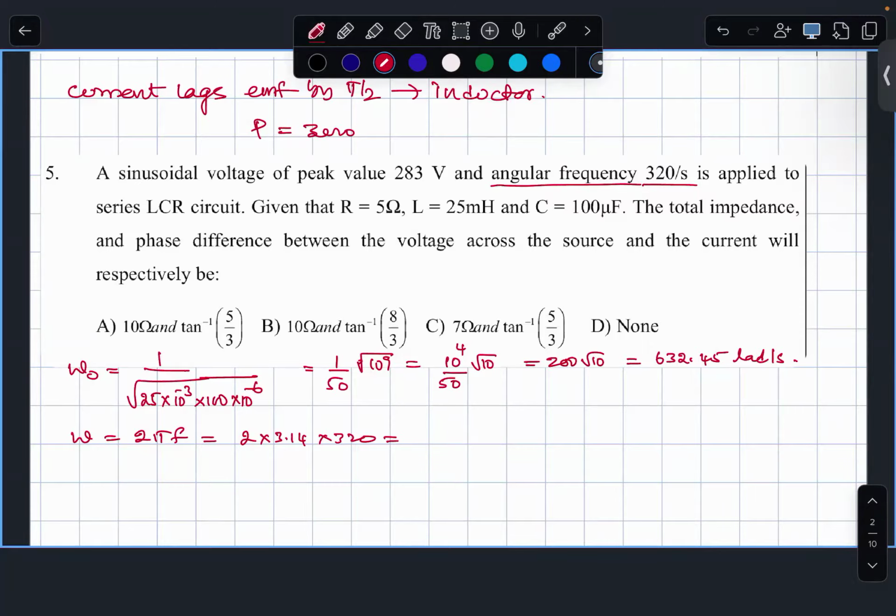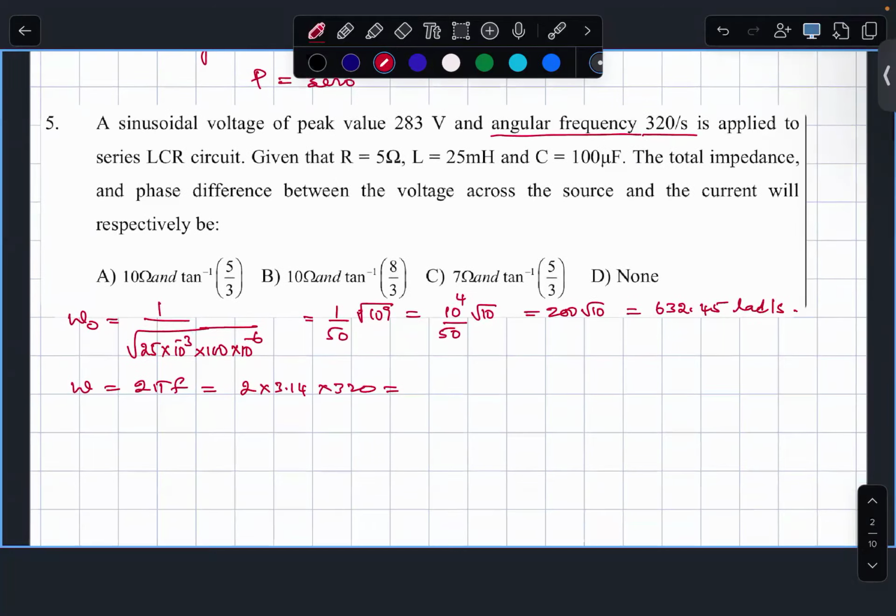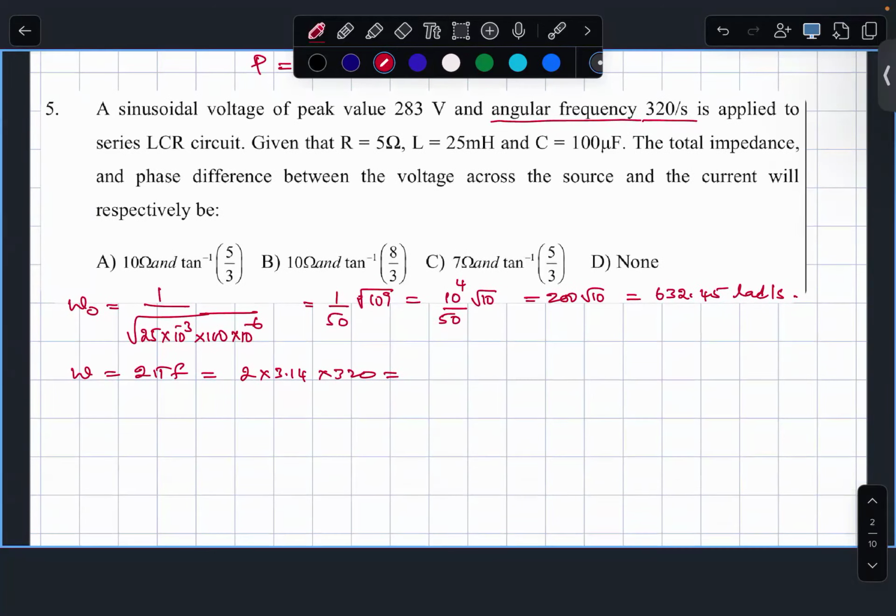So inductive, right? The total impedance and the phase difference between the voltage across the source are very simple. Tan phi is equal to omega L minus 1 by omega C by R. That will give you phi.